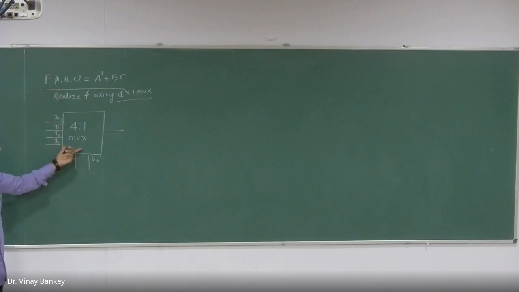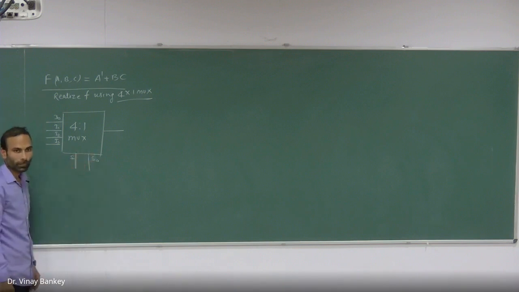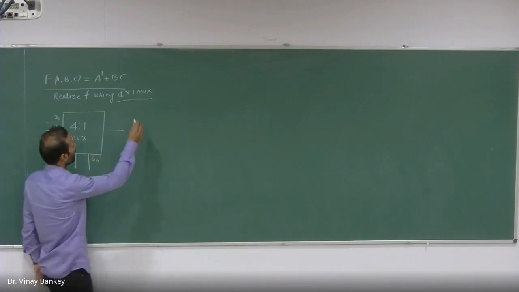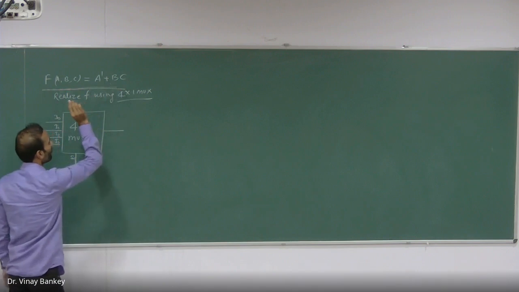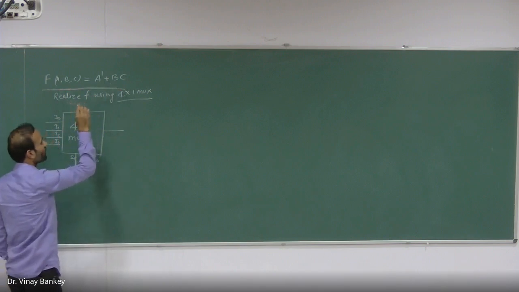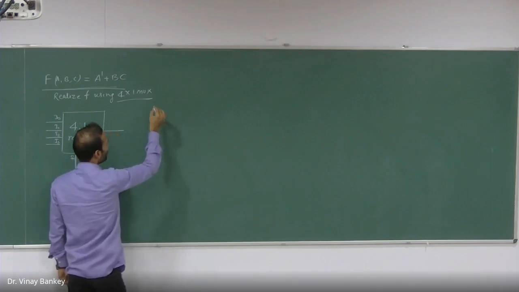So how will you proceed? I told you in the last class that you will have to decide two variables as the selection lines. So now which min terms does this function hold? We can see using the truth table, or also you can use the K-map.